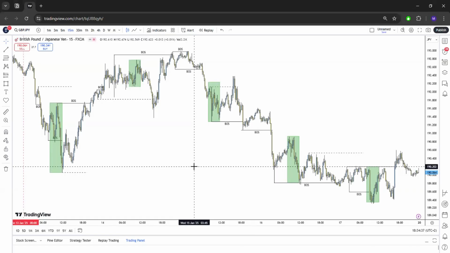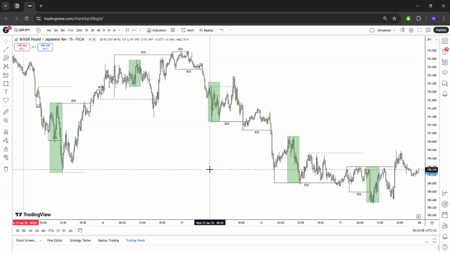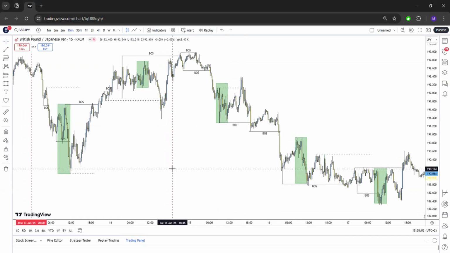So we're anticipating that Monday, Tuesday, the high of the week will be created. Then late on into Tuesday, Wednesday will have an impulsive push to the downside, with Friday alternatively creating the low of the week and the wick on the weekly candle. So let's just jump straight into the breakdown from Monday all the way through to Friday.